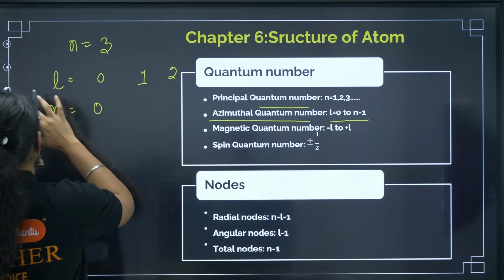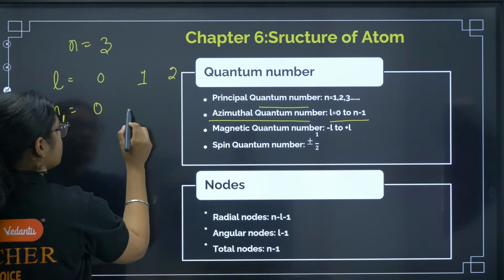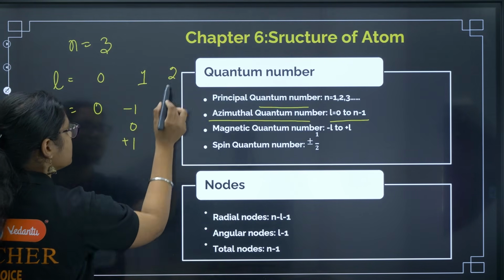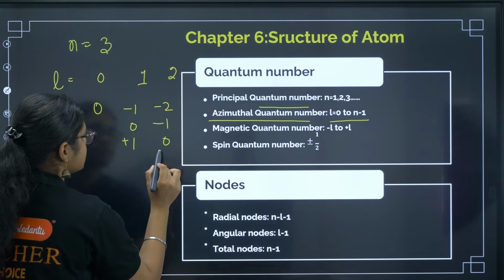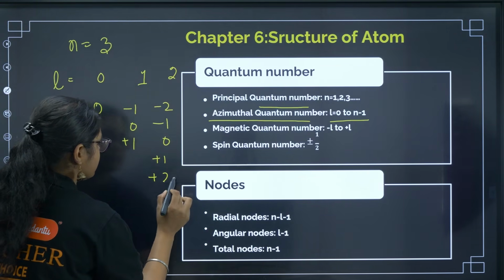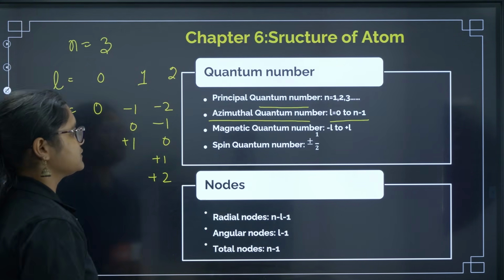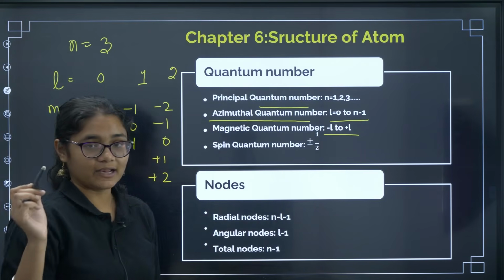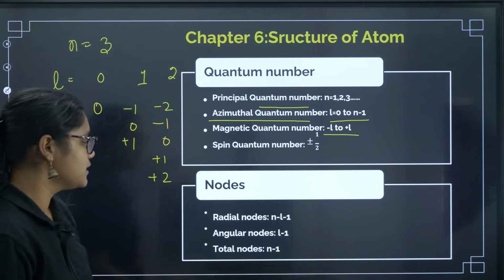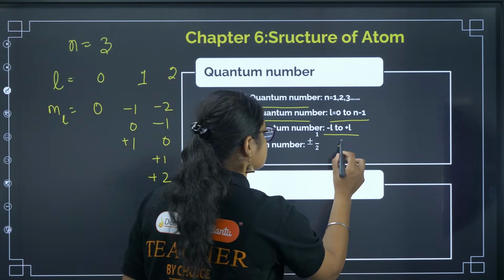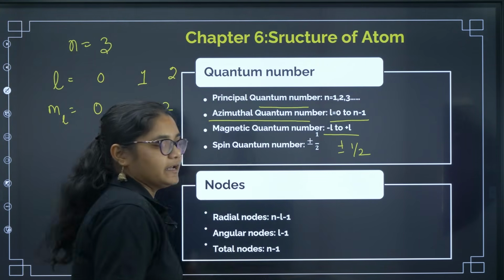For L equal to 1, minus 1, 0 and plus 1. For L equal to 2, it is minus 2, minus 1, 0, plus 1 and plus 2, right? So these are the ML values, the magnetic quantum number. For every L value there will be magnetic quantum numbers. Next, the spin quantum number, the values lie between plus and minus half.